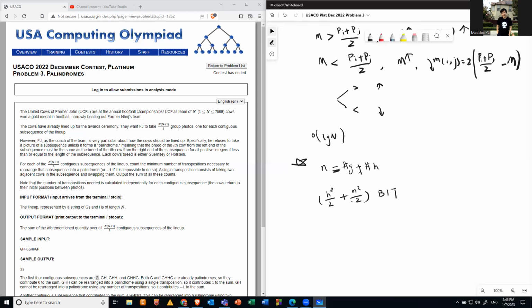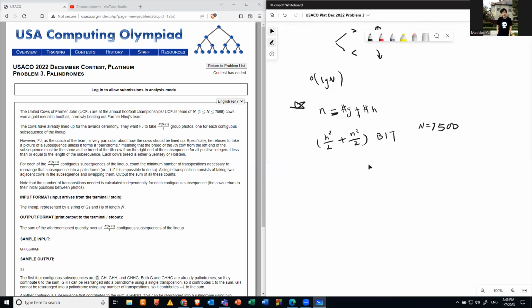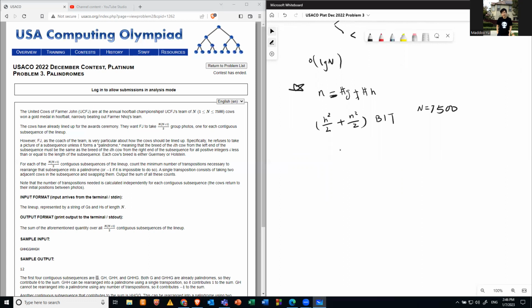Okay. So that still works for n equals 7,500. There is actually another trick which can slightly improve the speed, but it's not necessary to pass this, because we just chose the edge. In this case, there's no reason we have to choose edge. We can choose G. In fact, we can choose whichever is smaller.